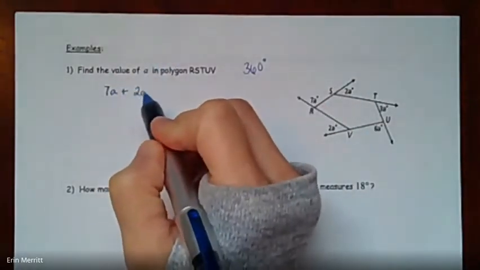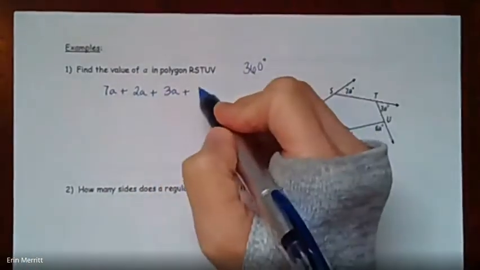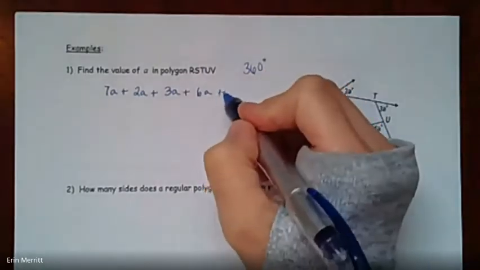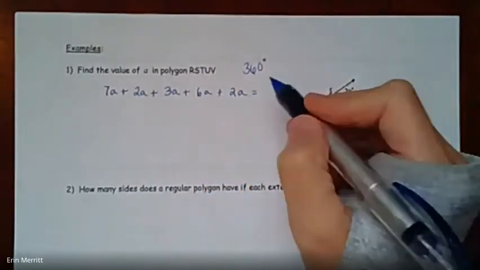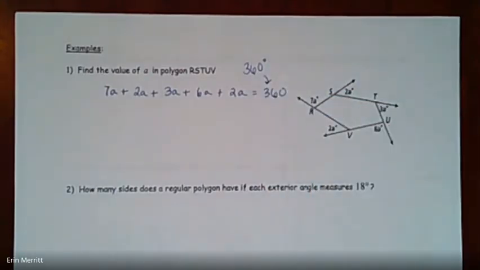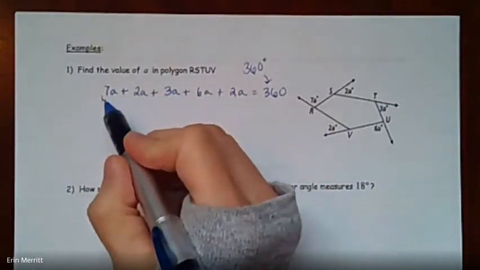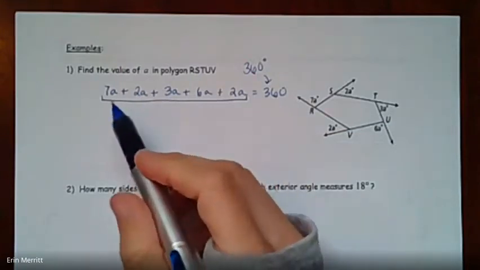So 7A plus 2A plus 3A plus 6A, and then plus another 2A here. And then we can set it equal to that 360. So when it was an interior angle, you had to calculate the interior angle sum first. In this case, the exterior angle sum stays constant. So we're just adding up the coefficients.